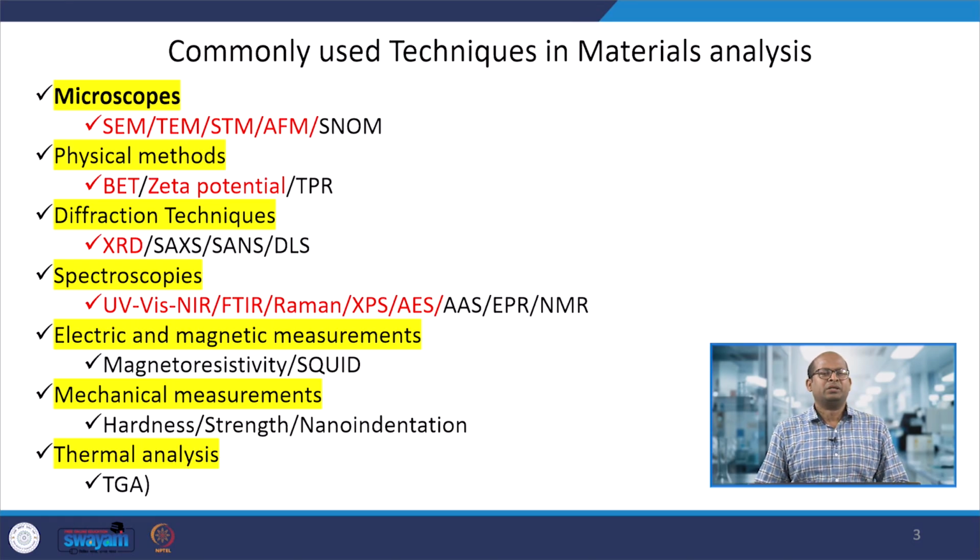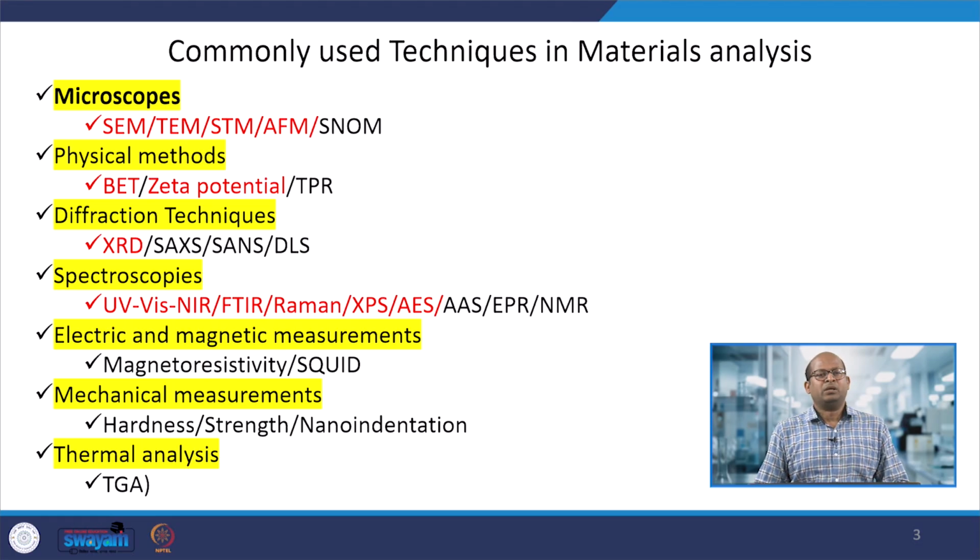whether they are crystalline or amorphous. Some spectroscopic techniques are also available: UV-NIR spectroscopy, FTIR spectroscopy, Raman spectroscopy, XPS, AES. Many are available to characterize the synthesized materials and their particular or specific properties. The electric and magnetic properties of materials that we develop can also be characterized using a specific technique.